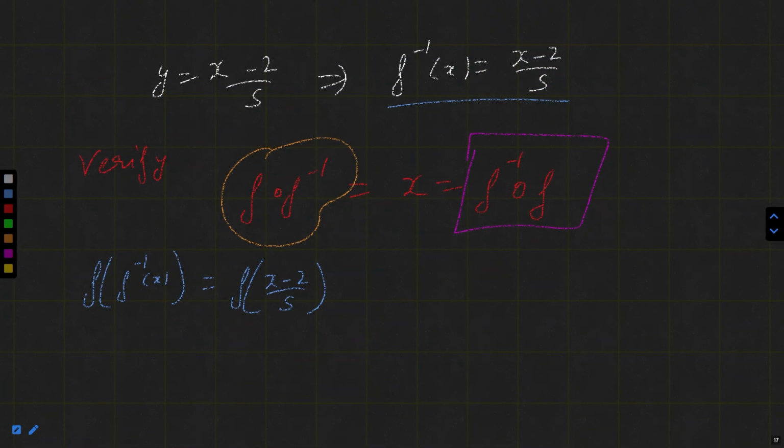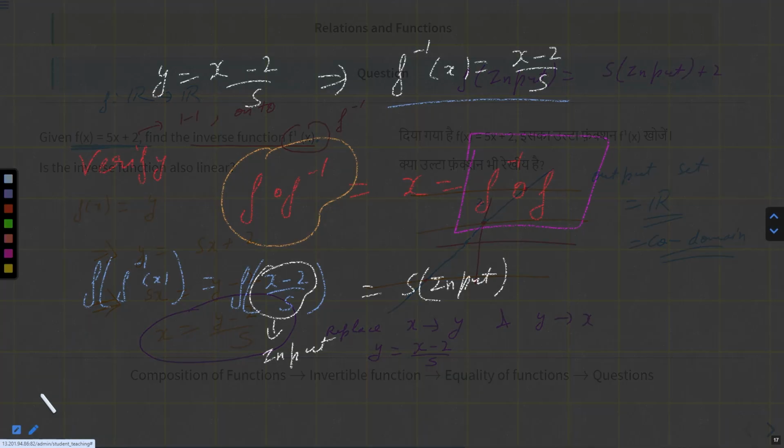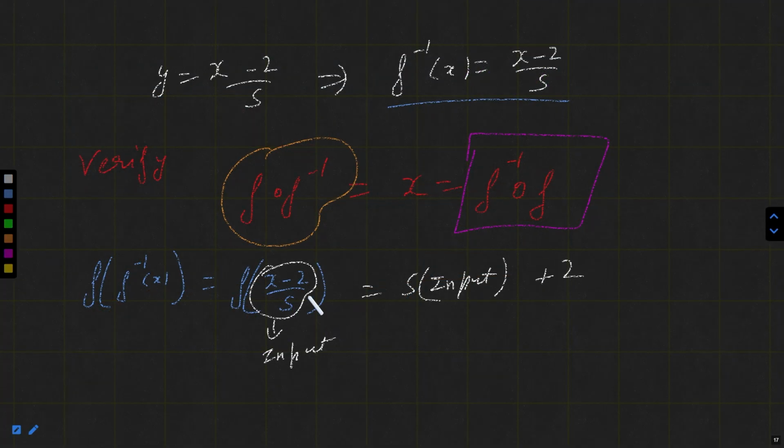So here this is my input, so this means 5 times input plus 2. Input is (x minus 2) by 5. So this means 5 times (x minus 2) by 5, plus 2.